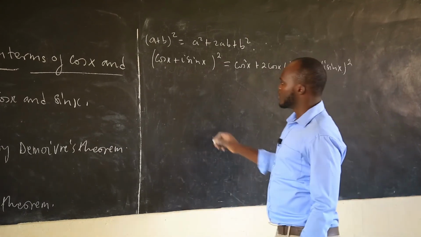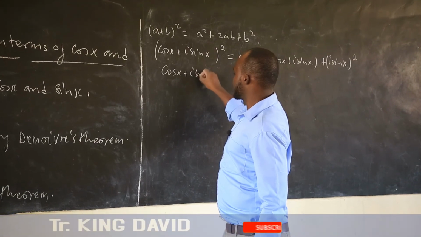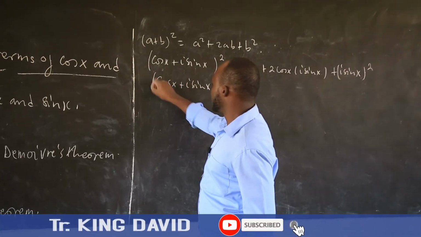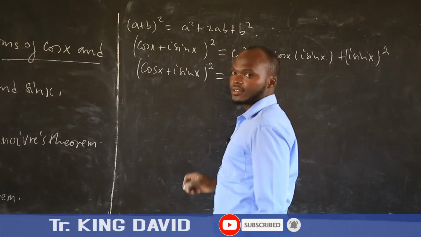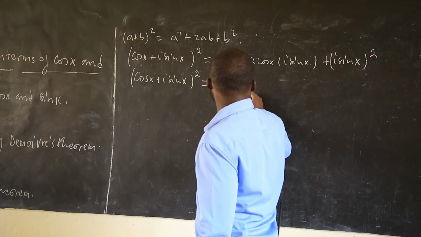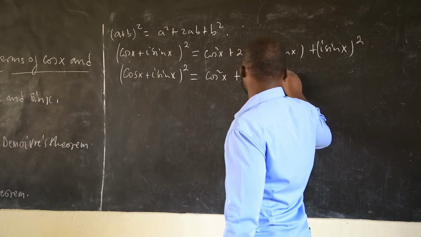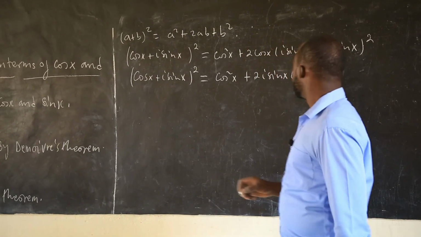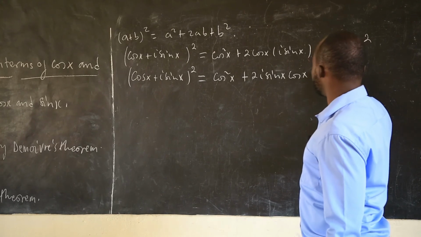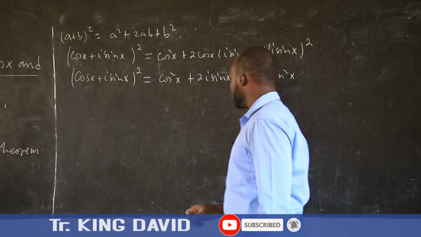So (cos x plus i sin x) squared is cos squared x plus 2i sin x cos x, then minus, remember i squared is -1, minus sin squared x.